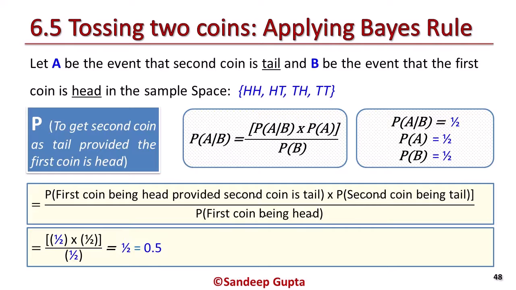Probability of second coin being tail provided the first coin is head will be multiplication of probability of first coin being head provided the second coin is tail, that is 1 by 2, and the probability of second coin being tail, that is also 1 by 2. Now, this product is divided by the probability of first coin being head, that is 1 by 2. The answer comes out to be 0.5. Cool, isn't it simple to use?